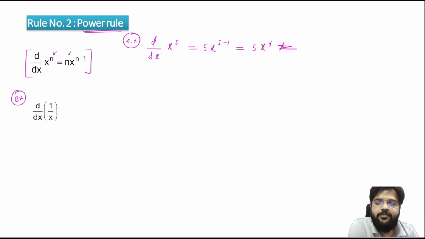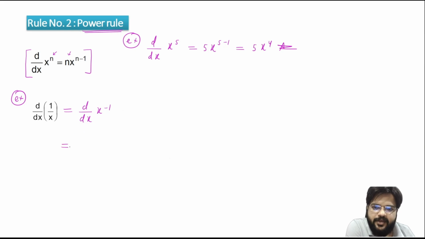Now see one more example, everyone. Here we have dy by dx of 1 by x. We want to do differentiation of this. So directly, the differentiation of 1 by x we don't know, correct? So here we have to think, everyone, what we can do here. So 1 by x can be written as x power minus 1, correct? So now apply the power rule here. So here the n value is what? It is minus 1.